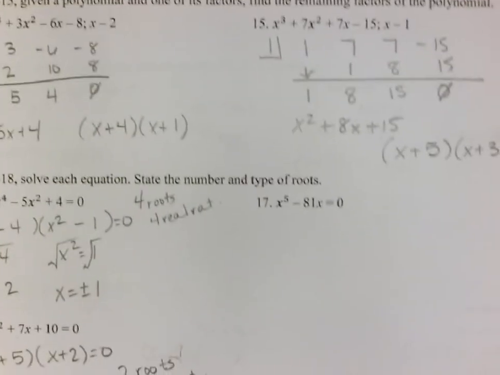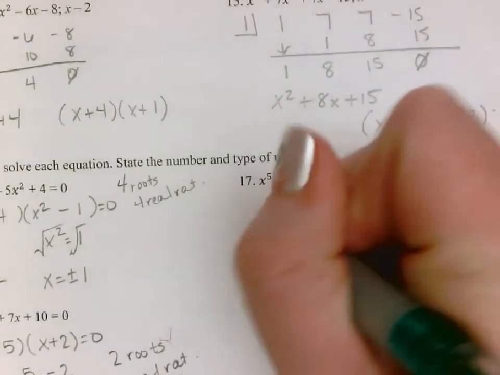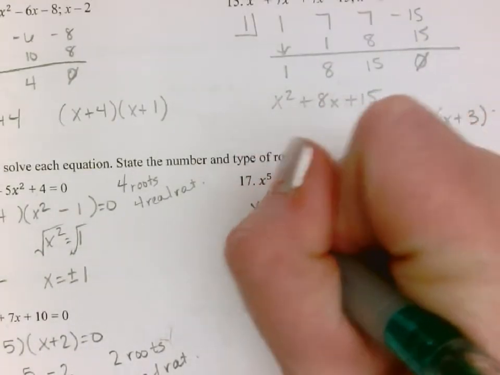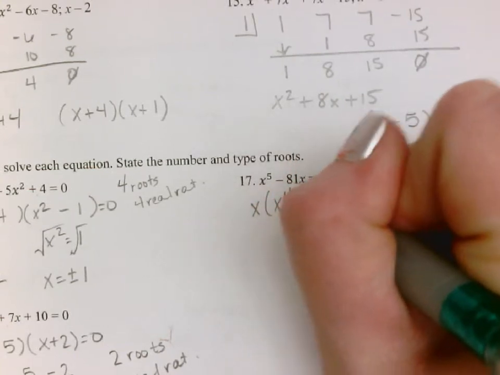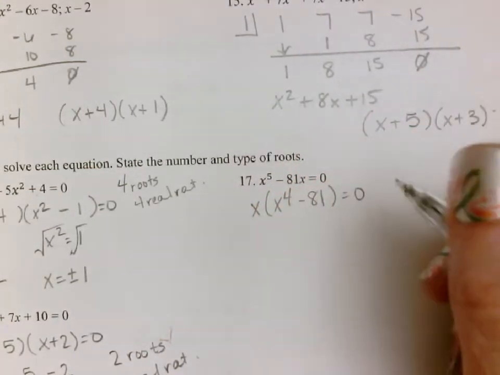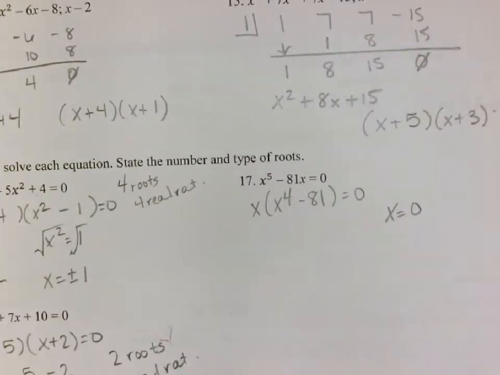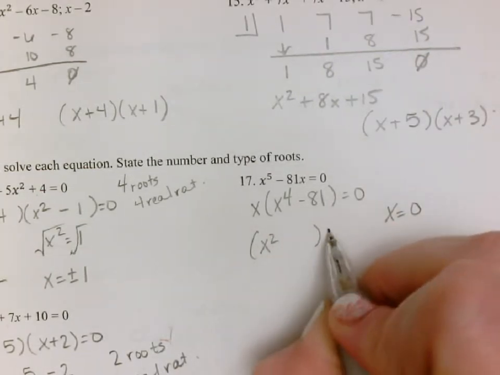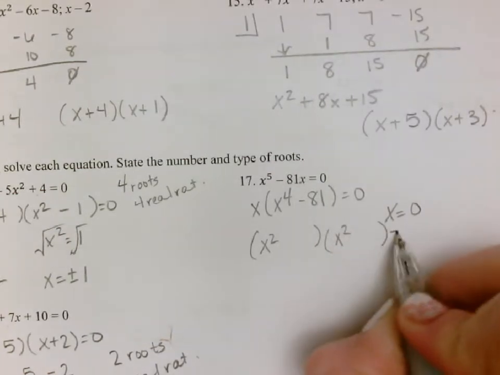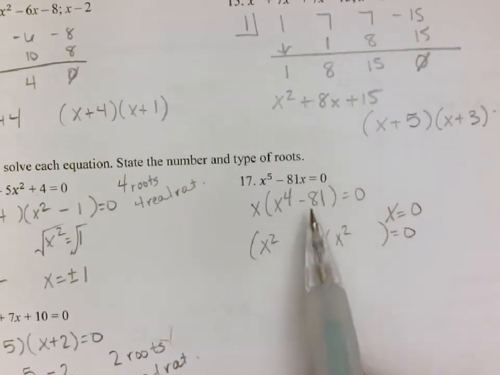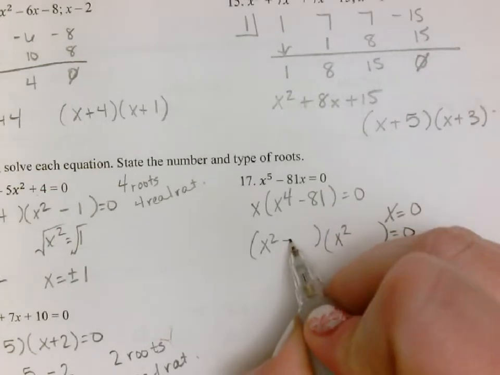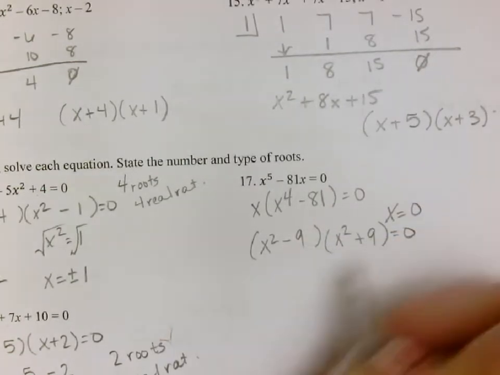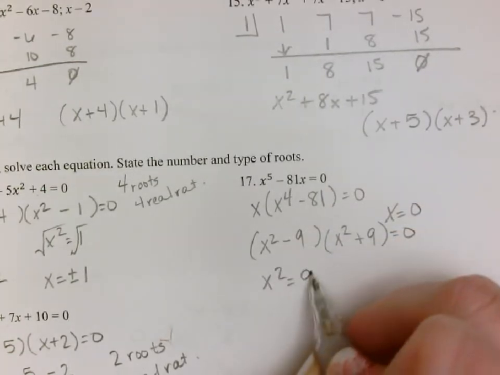Jumping over to 17. Factor out an x. X to the 4th minus 81 equals 0. So I know x equals 0 is the solution. X squared equals 0. Perfect square. Gives me minus 9 plus 9. X squared equals 9.